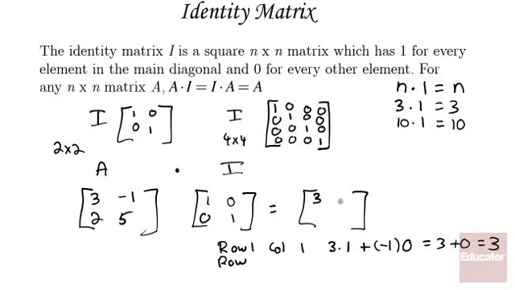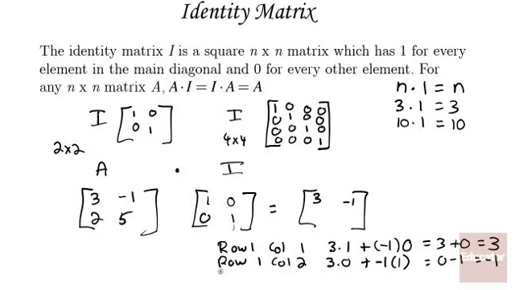And let's look for row 1, column 2. So 3 times 0 plus -1 times 1. So this is going to give me 0 minus 1, which is -1. So -1 goes right here.